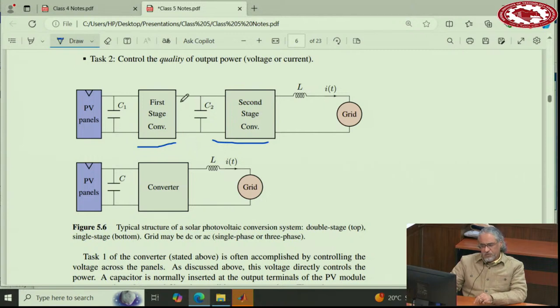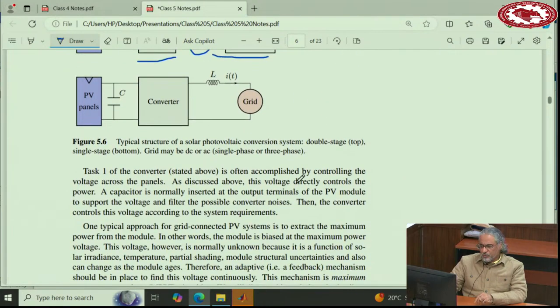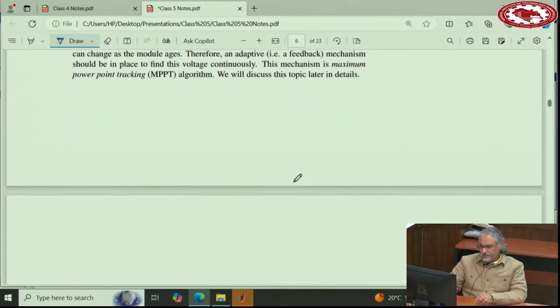But anyway, we can use the same terminology here. This is called the DC link or intermediary link, and this is obviously the voltage across PV, and this is the grid side. It could be grid or load, but for single stage you do not have this intermediary link here. Okay, so these are the two topologies that we have.